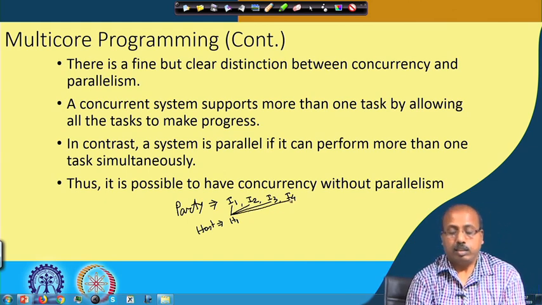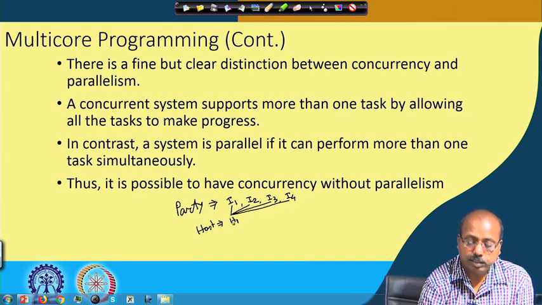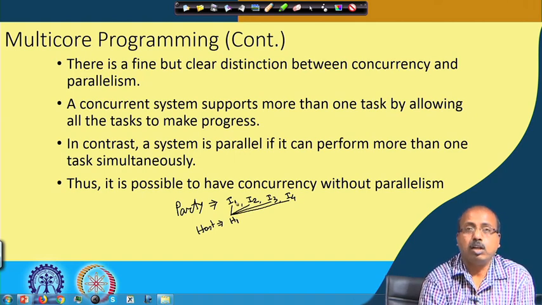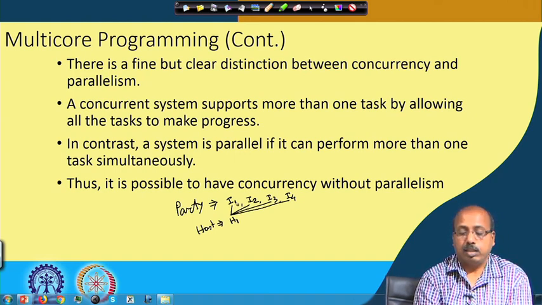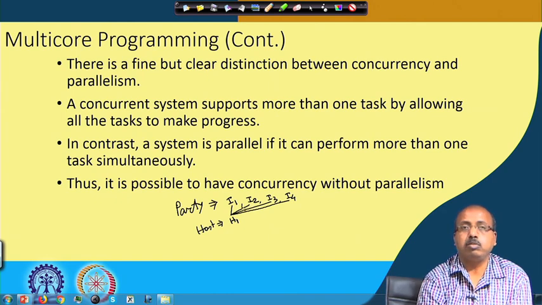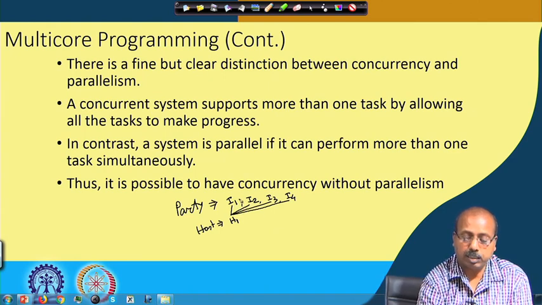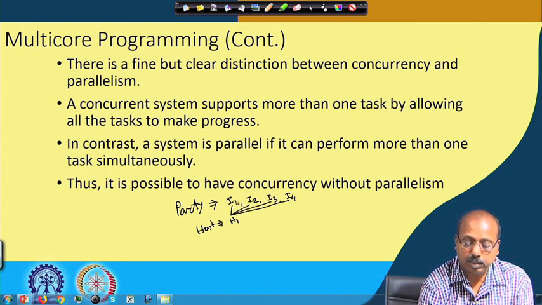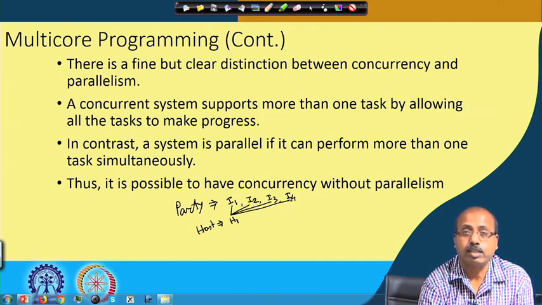Now, what can happen is that this host may talk to I1 for some time, and then after finishing with I1, the host goes to I2 and talks to him or her. Like that. When the host is talking to I1, the host is not listening to the others I2, I3, I4.